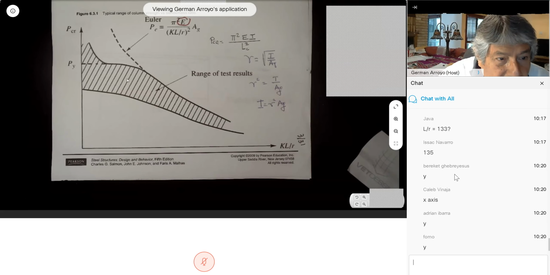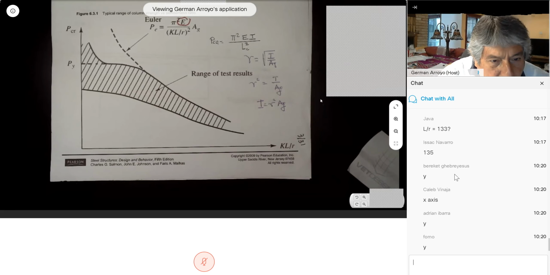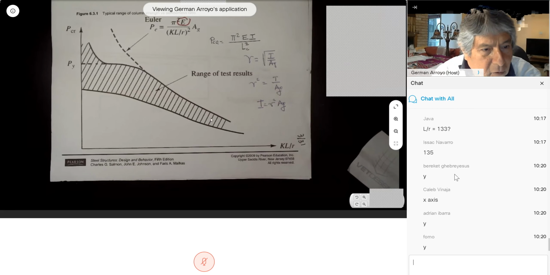Look, this Euler formula predicts very good values from this value to the right. Euler is great because all the results of testing fall below this formula.